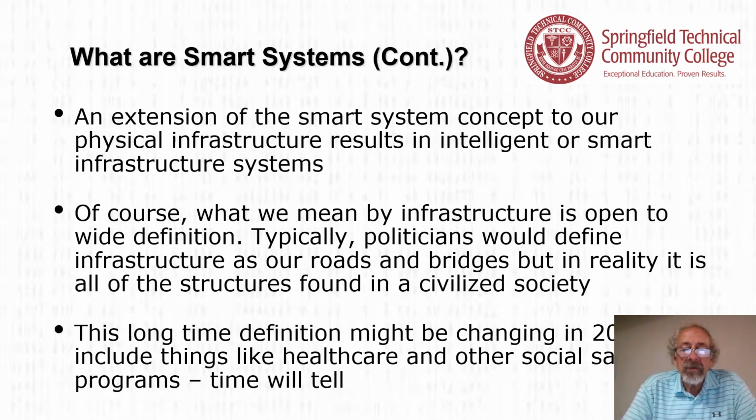This long-time definition might be changing in 2021 to include things like healthcare and other social safety net programs. Time will tell. I believe today, actually, as I record this, the Senate voted to accept a bipartisan infrastructure bill that deals with the things I mentioned in the second bullet here, roads and bridges and actually internet access and things of that nature. Physical things.